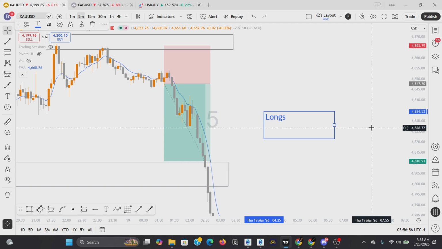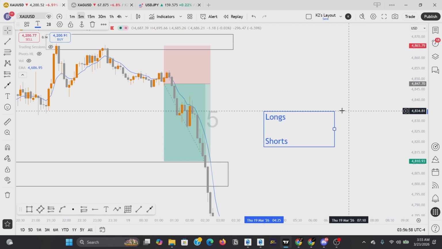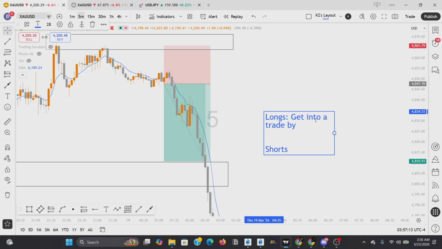Longs and shorts. A long position is when you get into a trade by buying.